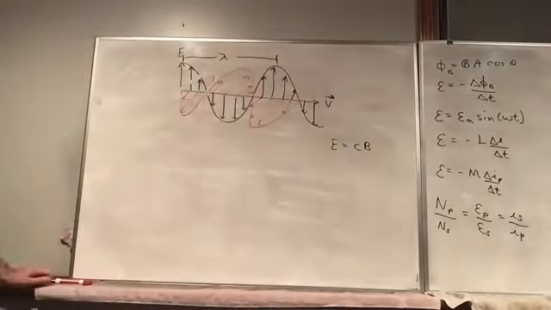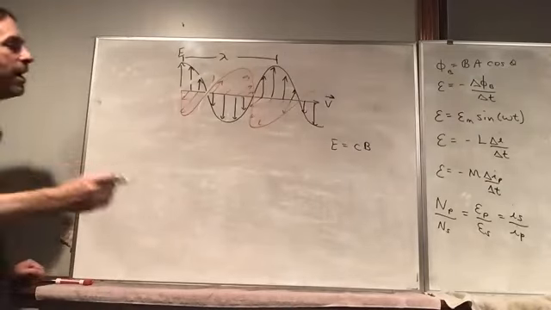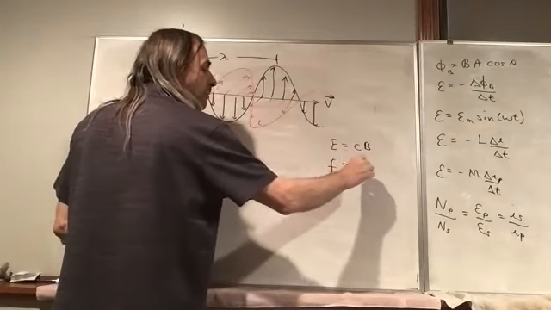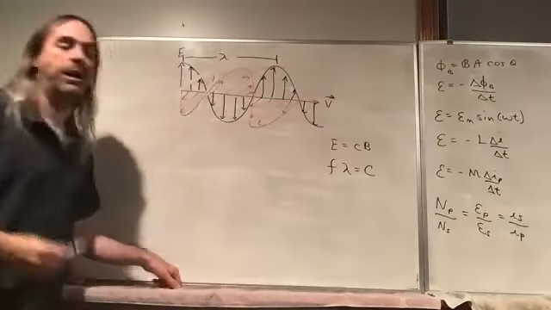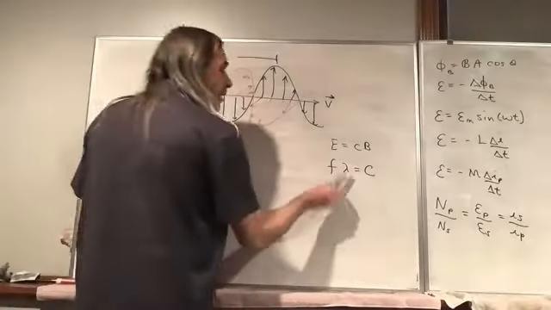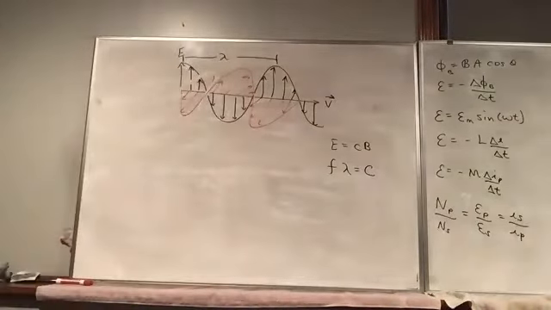That would give us the wavelength. And the wavelength and frequency, this is a very important equation. In general, for any wave, the frequency times the wavelength is equal to the speed of the wave. So for light, frequency times wavelength is the speed of light. So if you know the frequency, you know the wavelength, and vice versa.